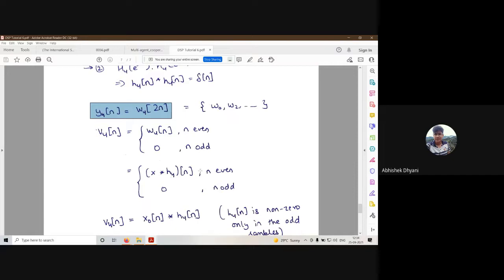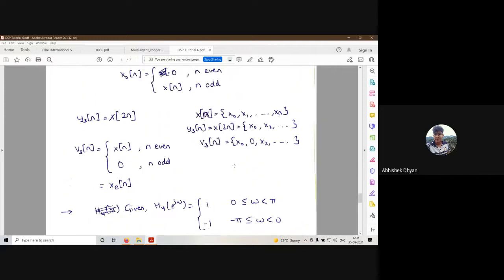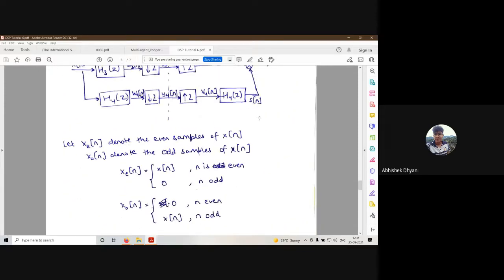For the even values it was 0, and using that we get that v4n is nothing but x odd n, right? And then finally we can compute this sn.